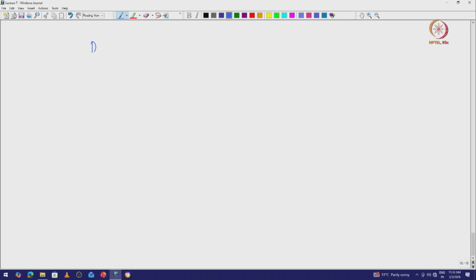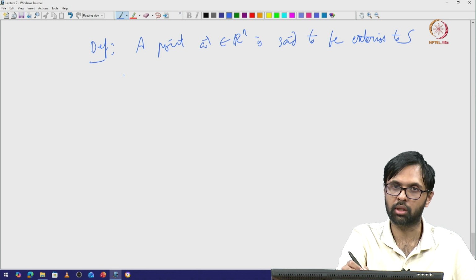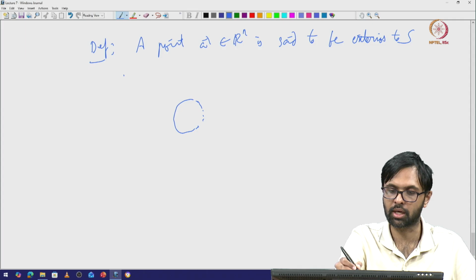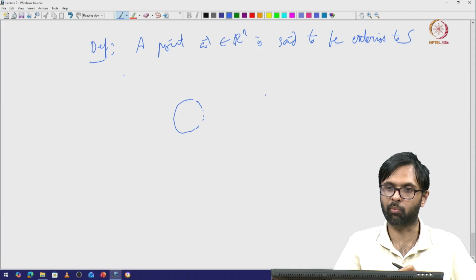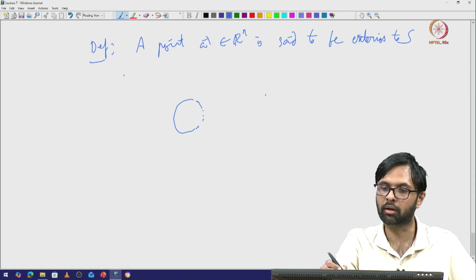Definitions. A point A in R^n is said to be, the opposite of interior is exterior, if what happens? What would an exterior point be? If this is S, exterior should lie somewhere here. What would that mean? If you perturb it a little bit, it should still be exterior, morally speaking.